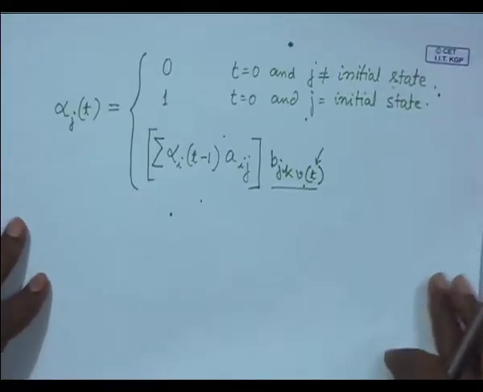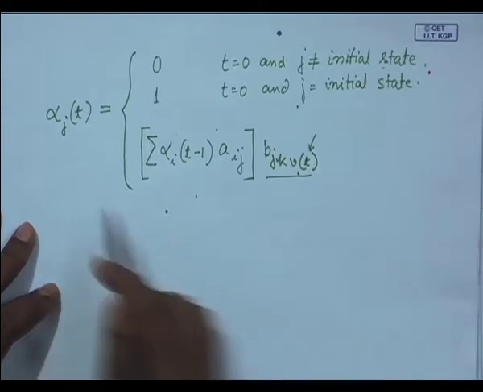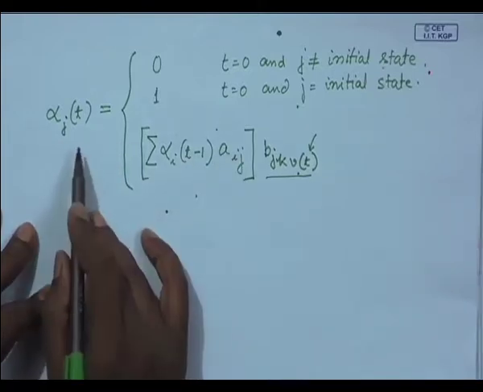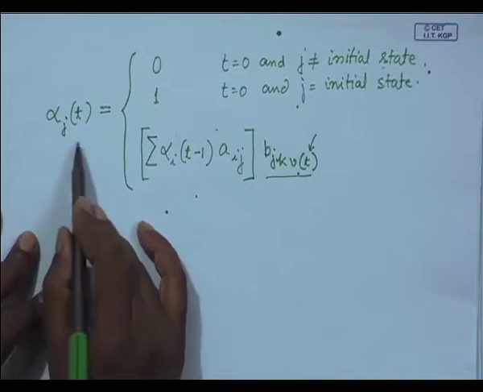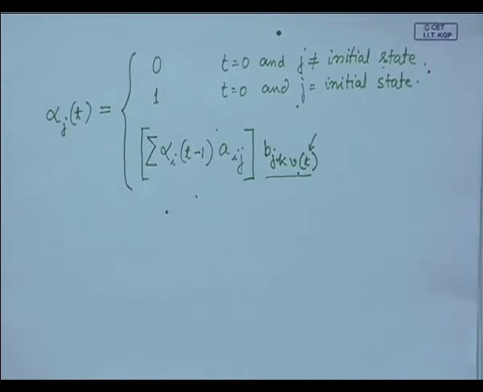One of the probabilities which we have estimated using the forward algorithm is defined like this: alpha j t, and we have said that alpha j t tells the probability that the model will be in state omega j at time step t by generating the first t visible states given in our sequence of visible states V t.